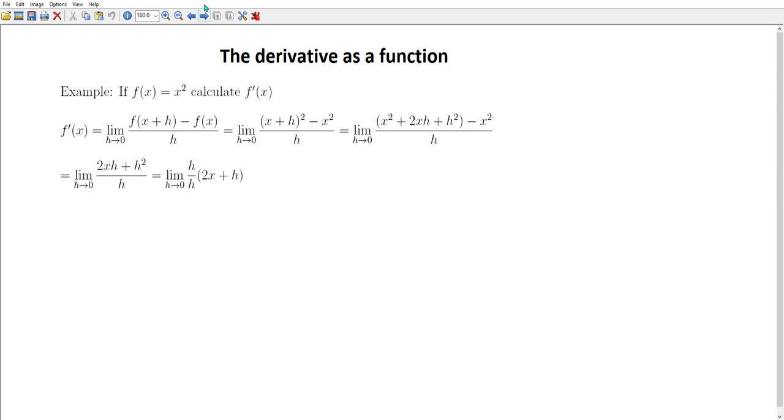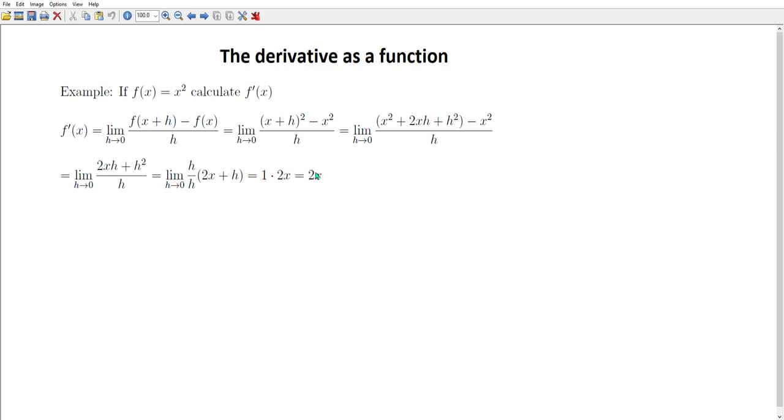We can factor it out. We get this h over h term, which is what we're always looking for in these situations, because that's going to be 1 in the limit. And then here's the term we can handle. 2x plus h, when h is 0, that becomes 2x. So we pick up 1 times 2x, or just 2x.